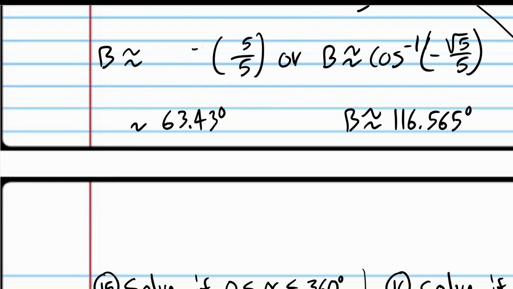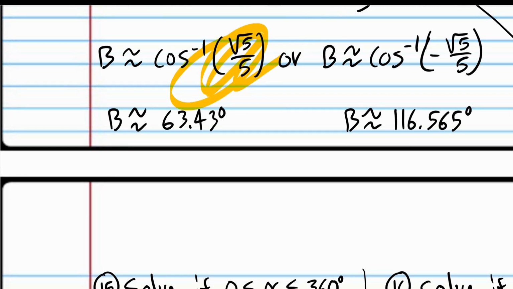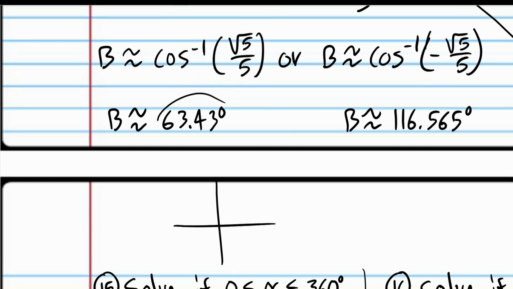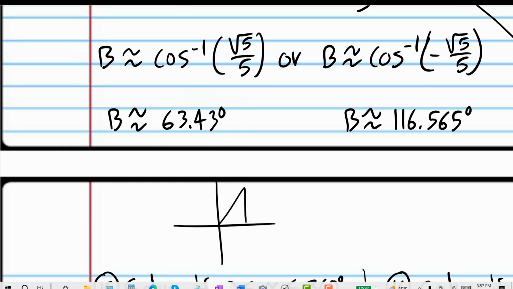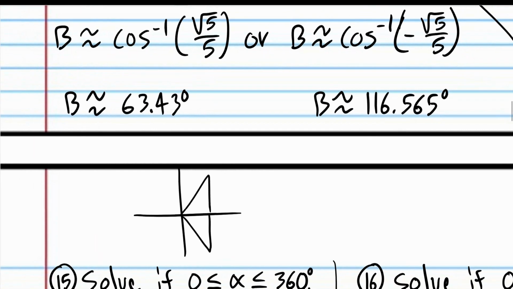So when cosine is positive, root 5 over 5, your solutions are going to be in the first quadrant and the fourth quadrant.